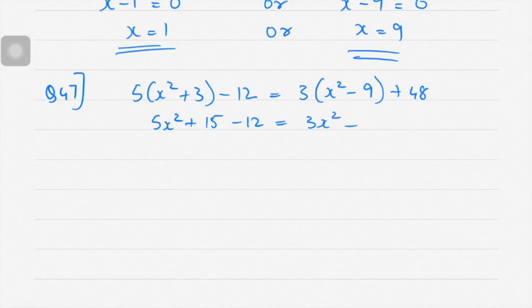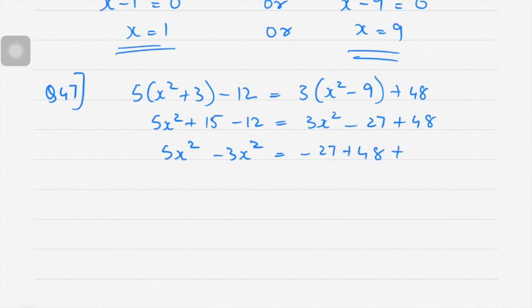So 5x square plus 15 minus 12 is equal to 3x square minus 9 into 3, 27 plus 48. Okay. Now 3x square I'll bring this side, and 15 and 12 I'll take to the other side.